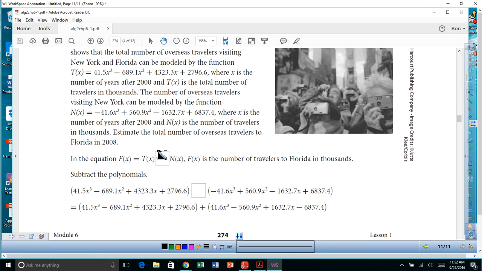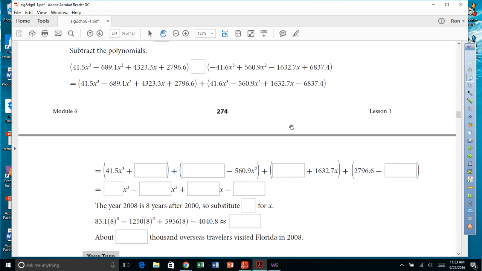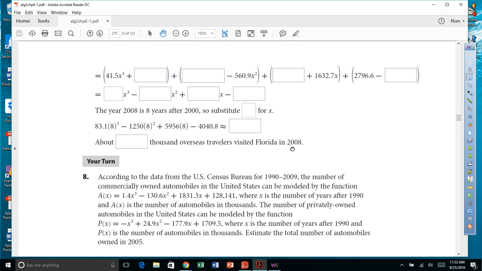So f of x would equal t of x minus n of x. So let's try that.